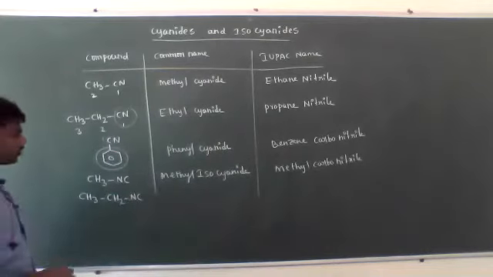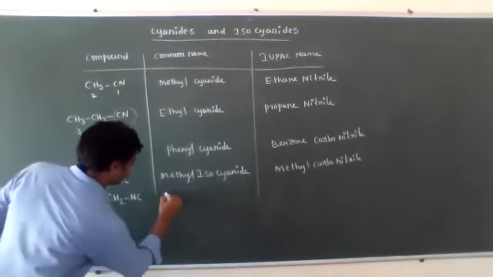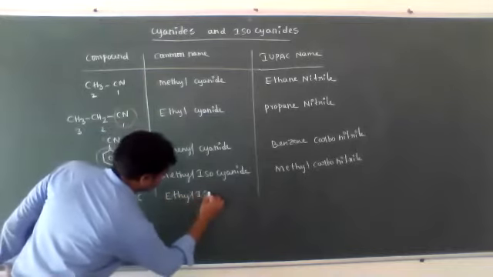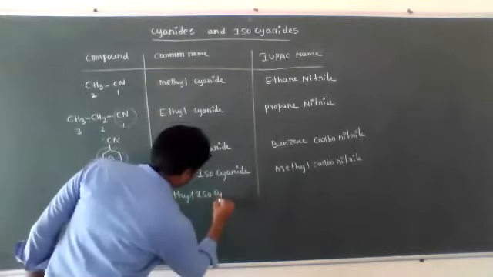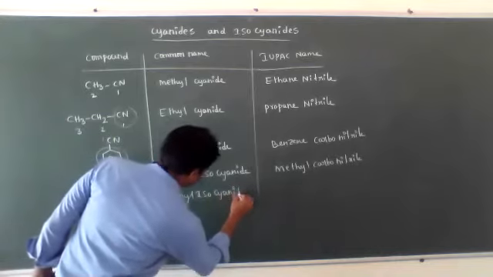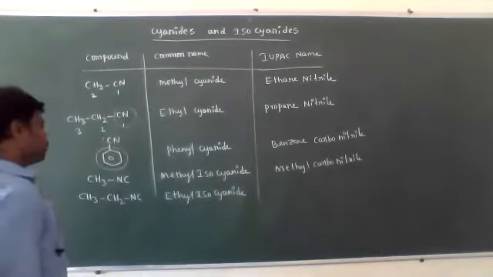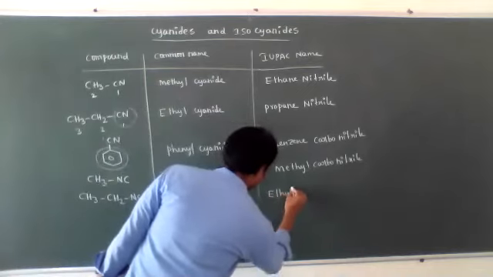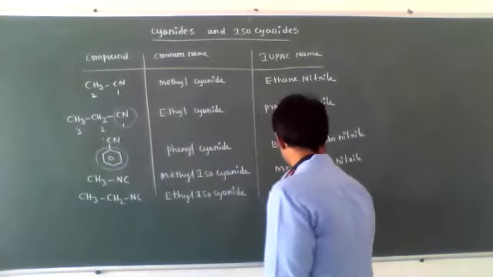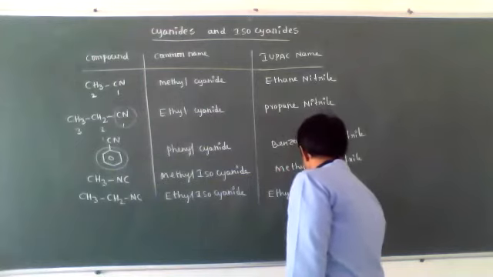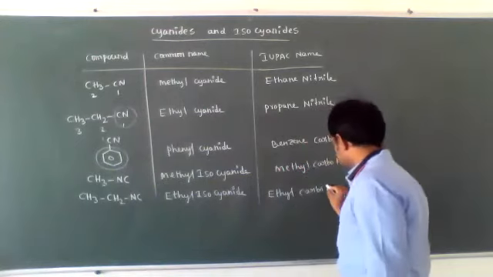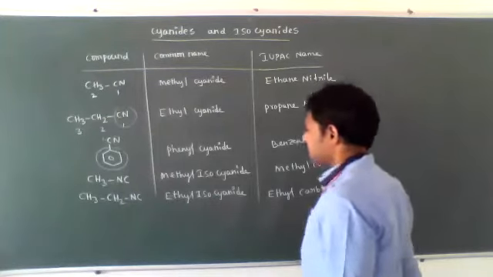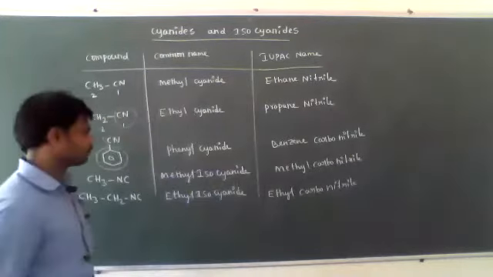See this NC isocyanide, ethyl isocyanide. Ethyl isocyanide IUPAC name is ethyl carbonitrile. Ethyl carbonitrile.